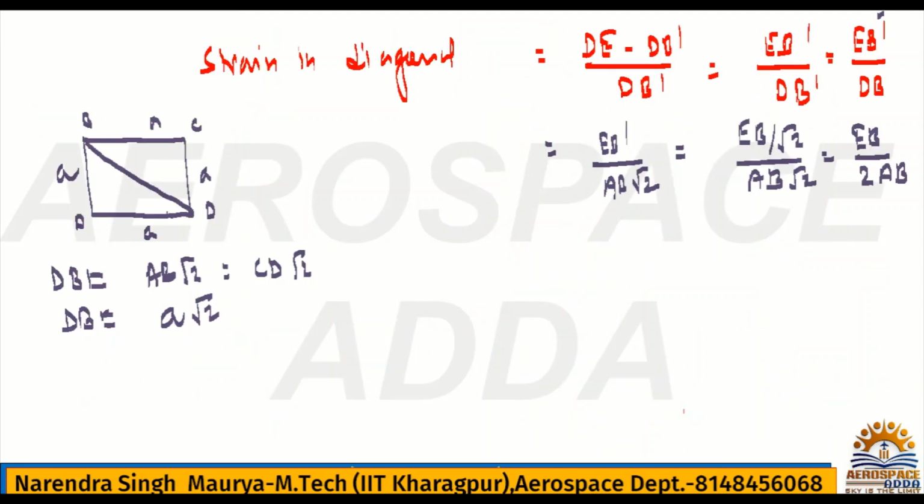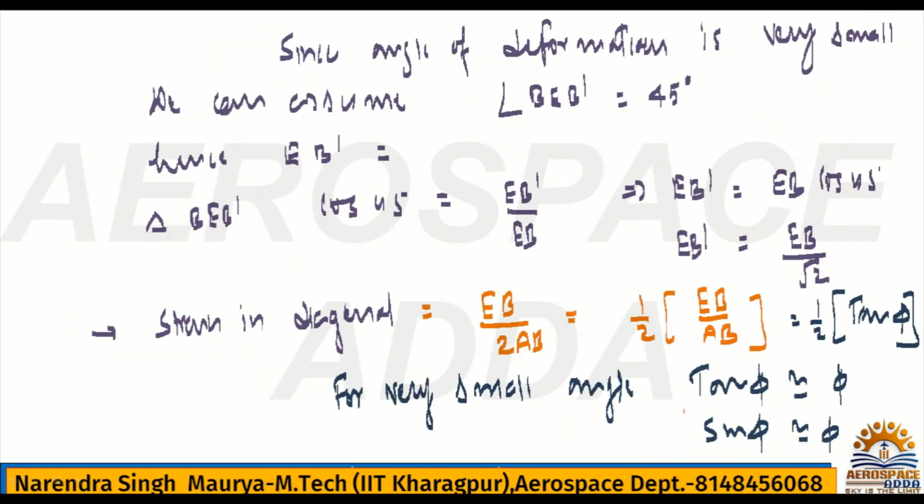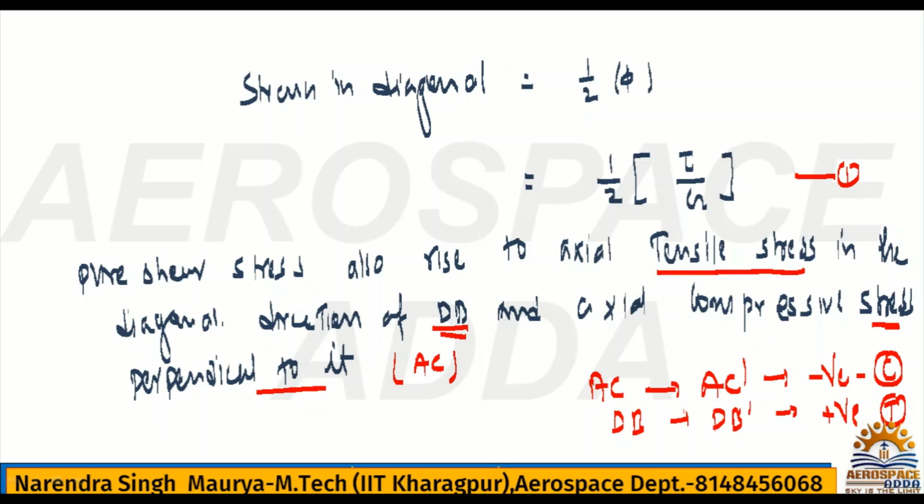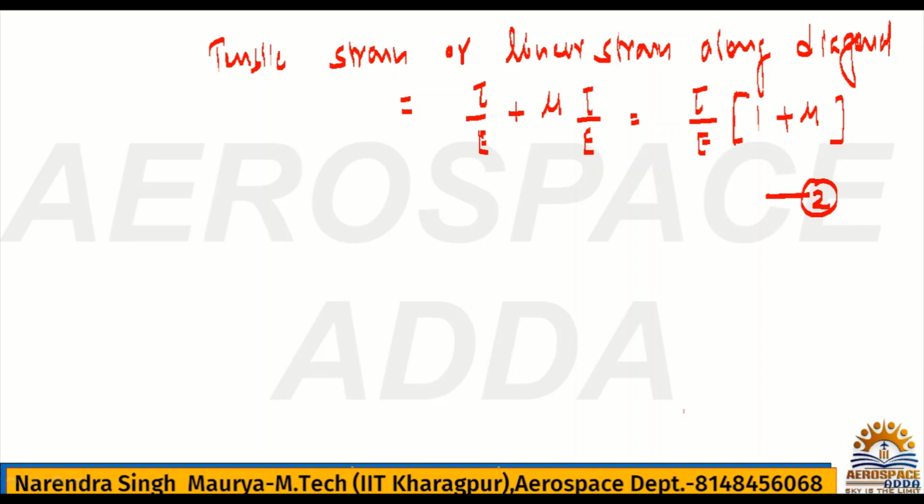Now we have used the angular deformation, and finally we got the strain in diagonal. It is 1 by 2 phi or 1 by 2 tau by G, right? But again we have taken the tensile strain in the diagonal, so along the diagonal we got these two equations. But in both ways our value of strain must be the same.